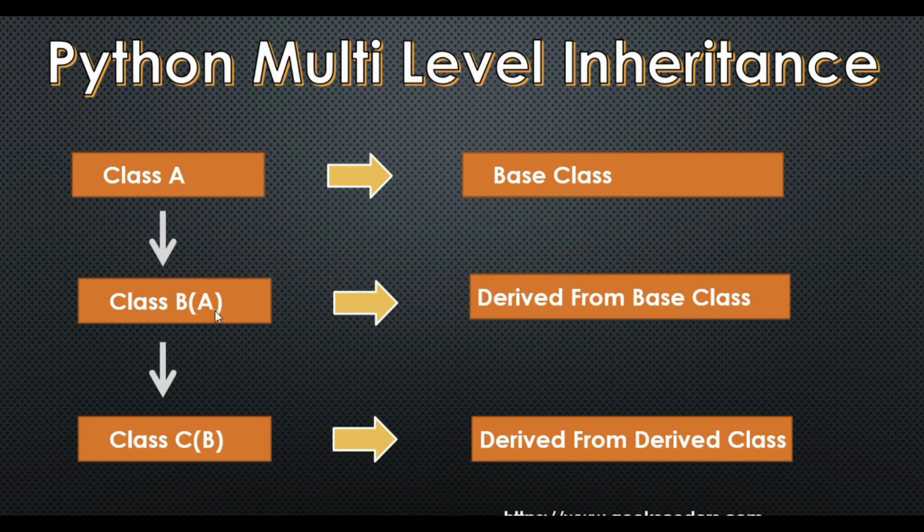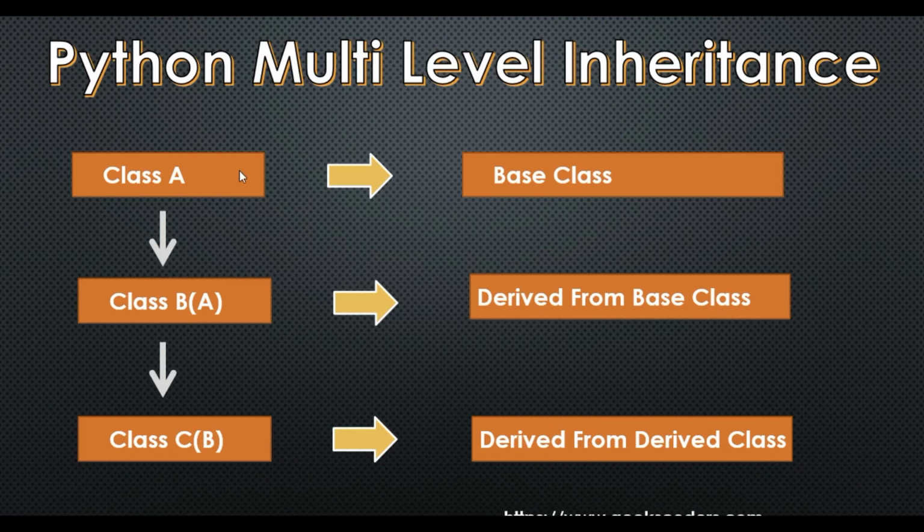We have another class called class C. Class C is extending from class B, so it is a derived from derived class. This class C is extending from a derived class, but our class B is extending from a base class. So this is called multi-level inheritance.